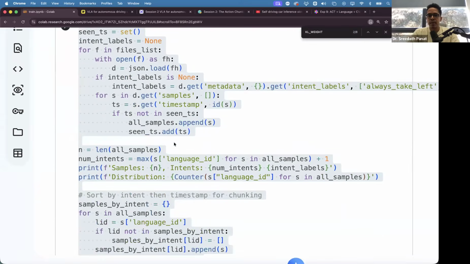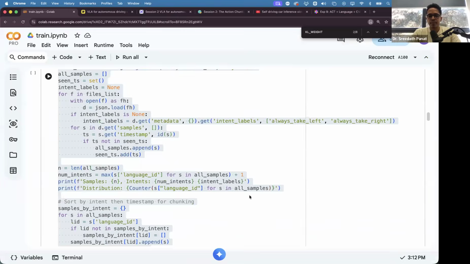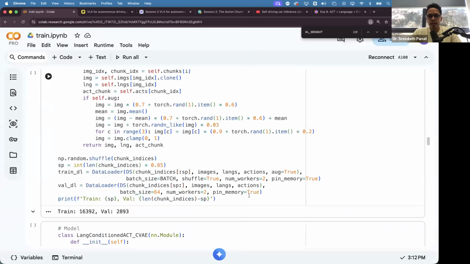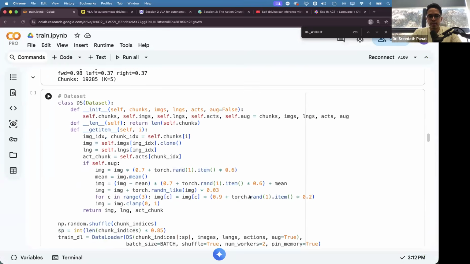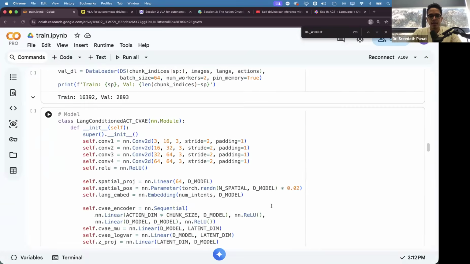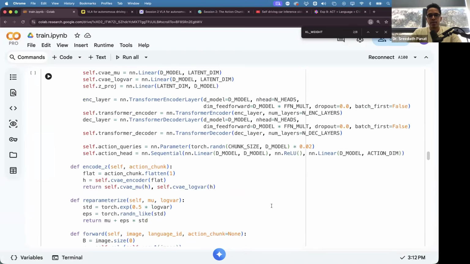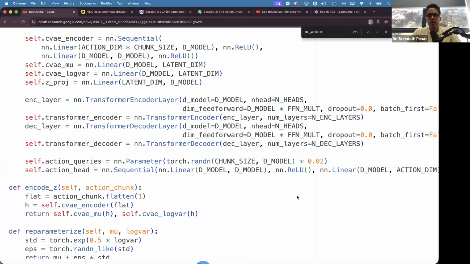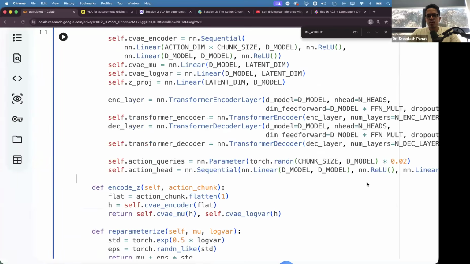You will see one more multiplier in the transformer part. Where is that? Yes, this one. You will see here that the initialized action queries are multiplied by a number, 0.02.